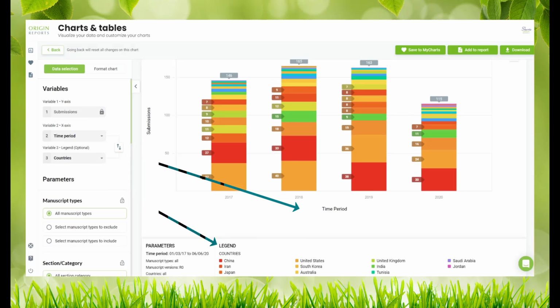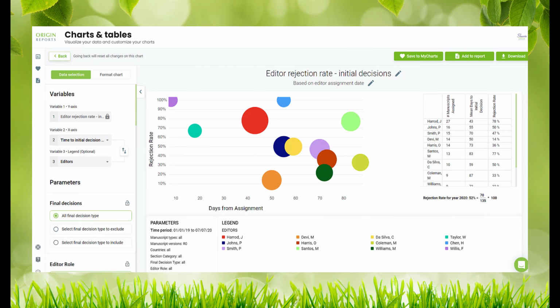You can do that on all of the different charts. On the editor chart that we looked at specifically, the additional information is actually pretty unique. It's a 4 variable chart because it tells us not only how fast they are, but also the assignments that they got. So that chart in particular has a lot of information, and when you include the table next to it, there's even additional information that comes in on that chart.